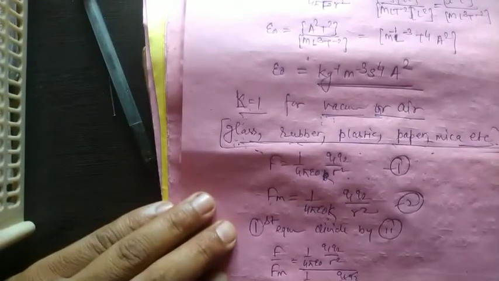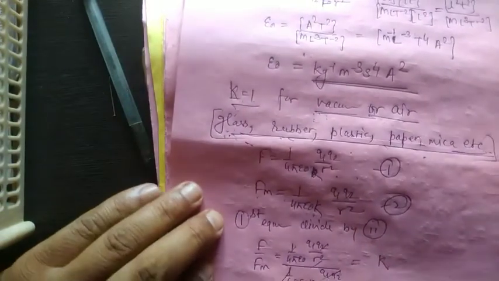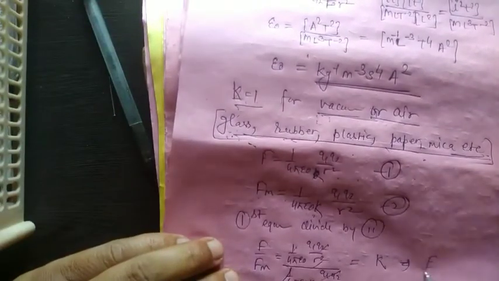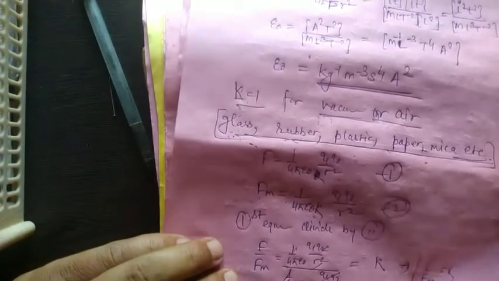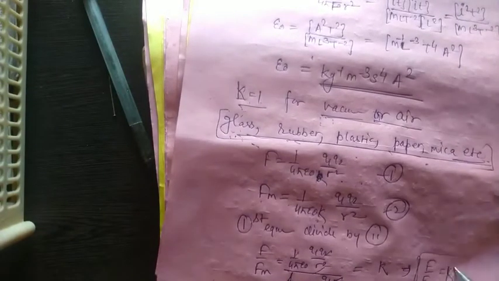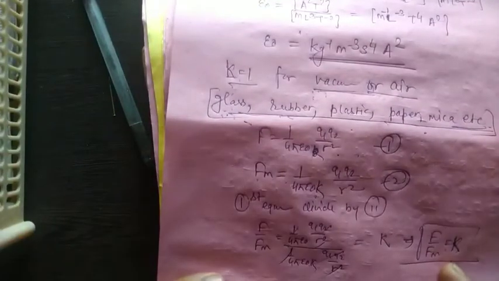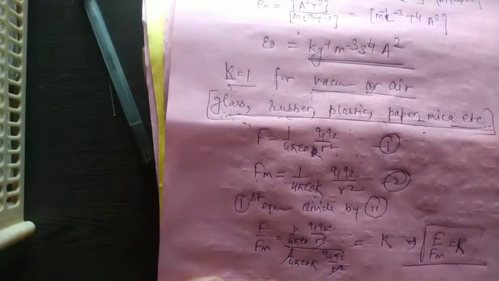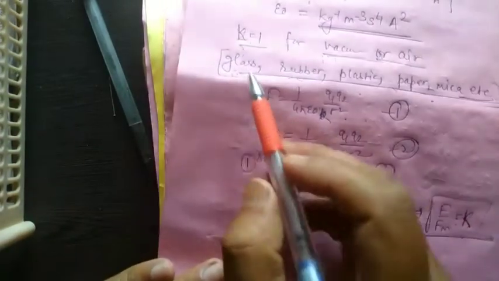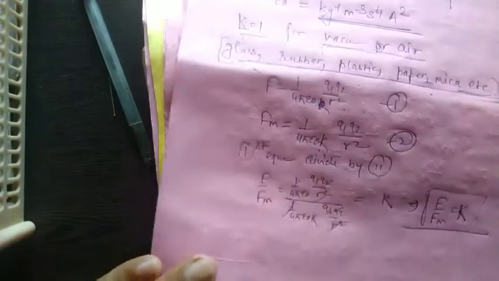These cancel, and finally we have K equals F upon Fm. K is known as the dielectric constant or specific inductive capacity, which has a different value for glass, rubber, plastic, paper, mica.